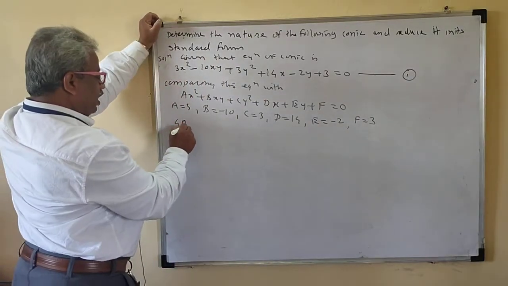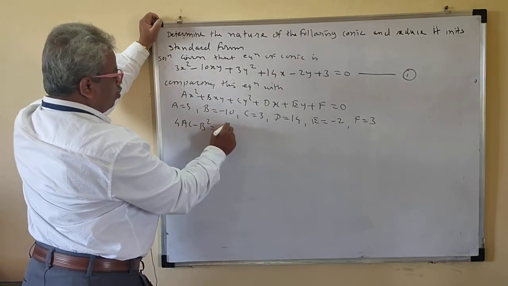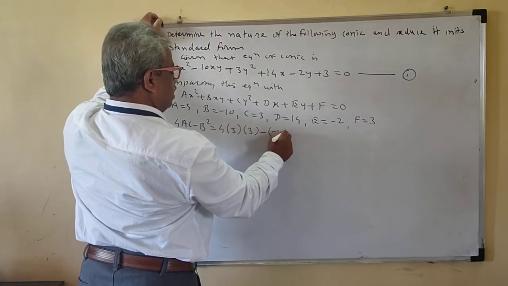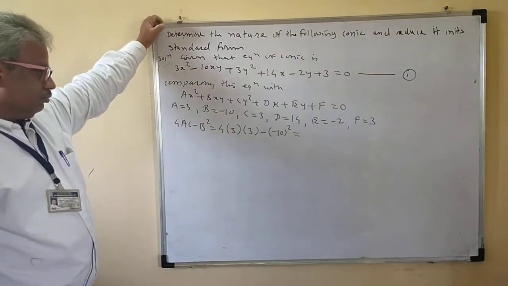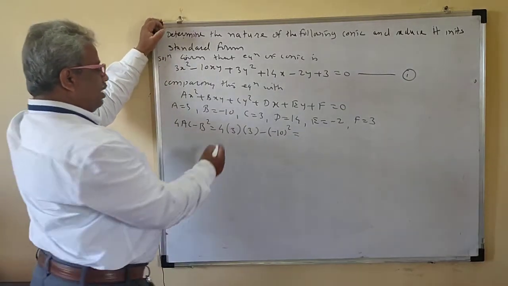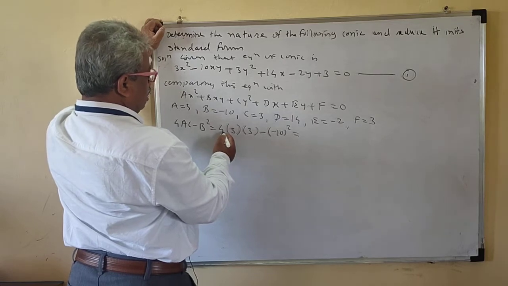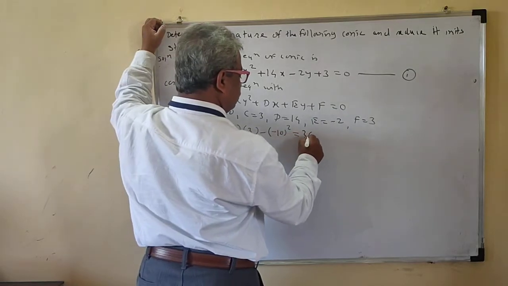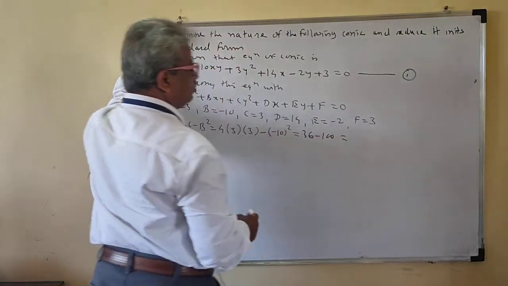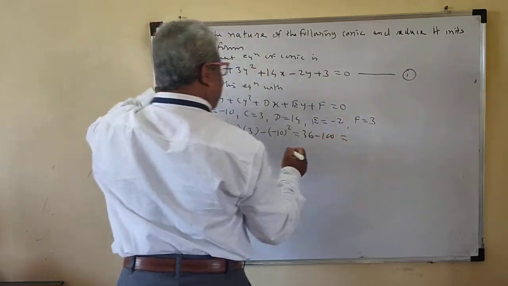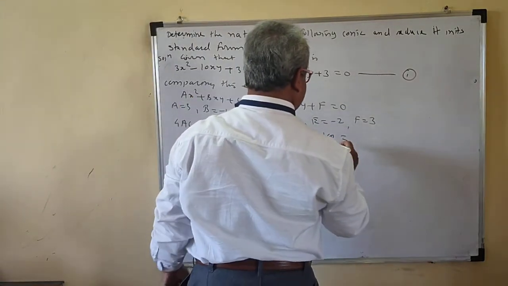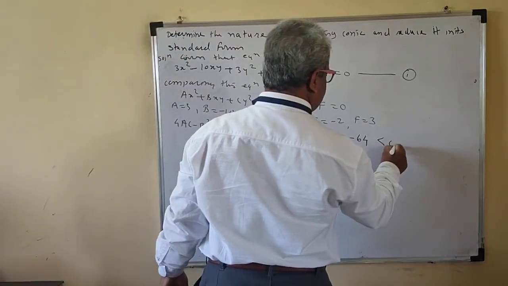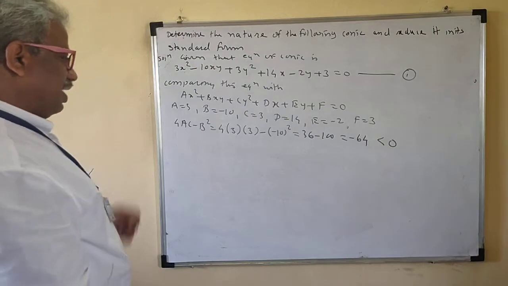So 4ac minus b square: 4 times a is 3, c is 3, minus b is minus 10 square. So this is 36 minus 100, minus 64, which is less than 0.